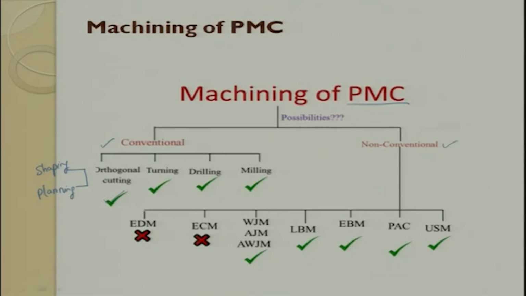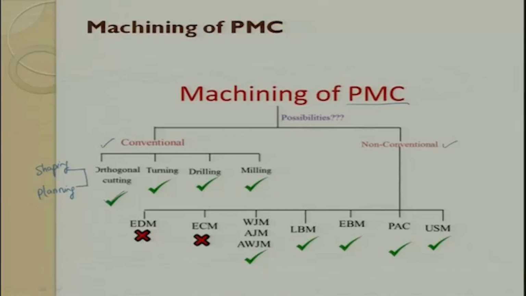Shaping is used for smaller work pieces. Planing is an operation we do on a planing machine, called a planer. This is used for very large beds or very long work pieces. Here we use a single point cutting tool, and it is called orthogonal cutting.